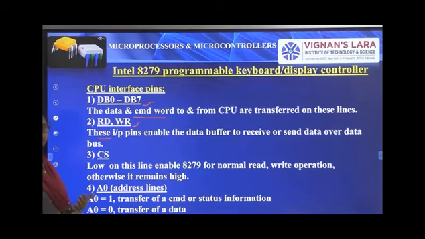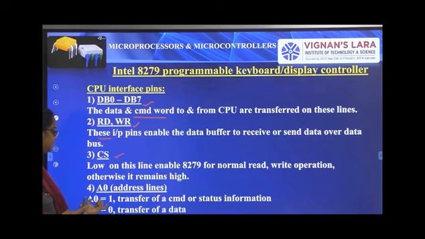And CS is low on these pins because it is a low enable pin, for normal read and write operations. Otherwise, it remains high. Whenever there is an operation performed in the 8279, this pin is low. Otherwise, it is high.